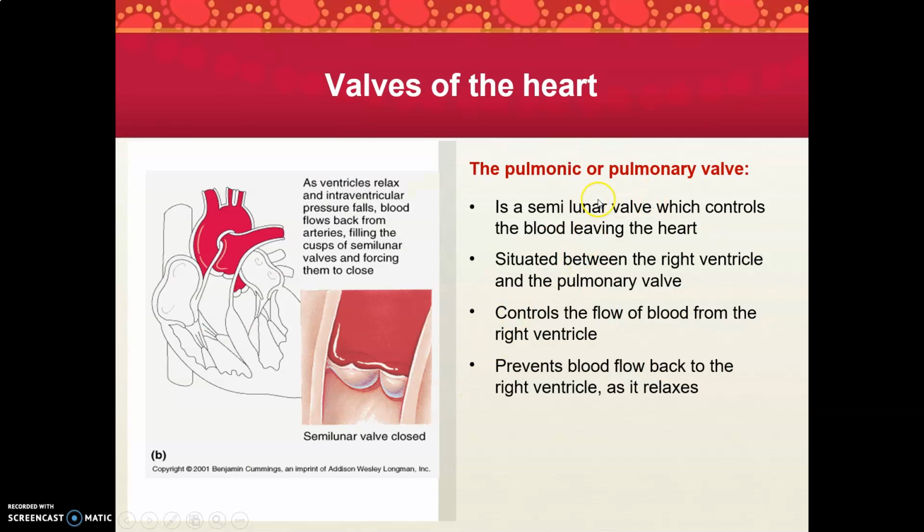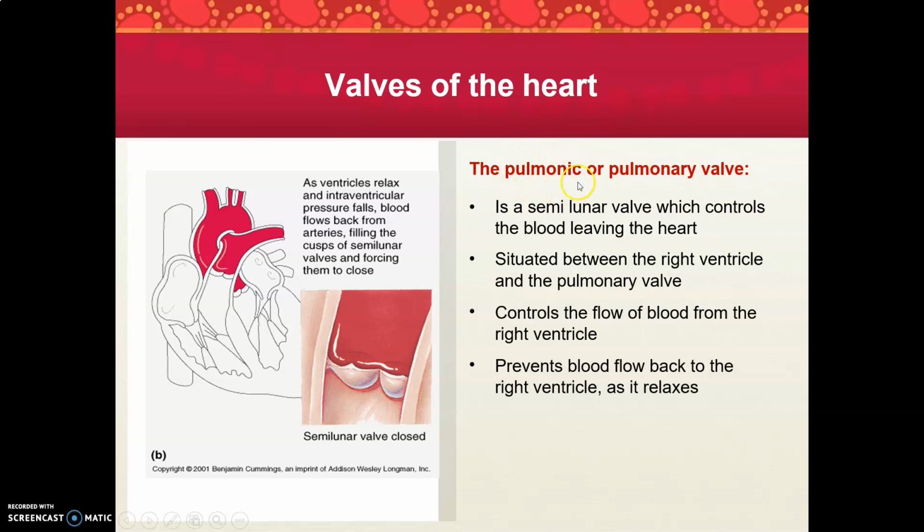Next, we talk about the pulmonic or the pulmonary valve. The pulmonic valve along with the aortic valve is also known as the semi-lunar valves because they are semi-lunar shaped valves. I told you in the previous chapter that pulmon stands for lungs.